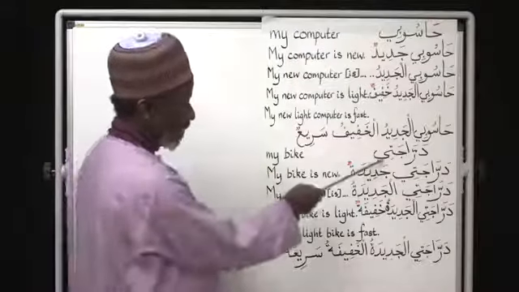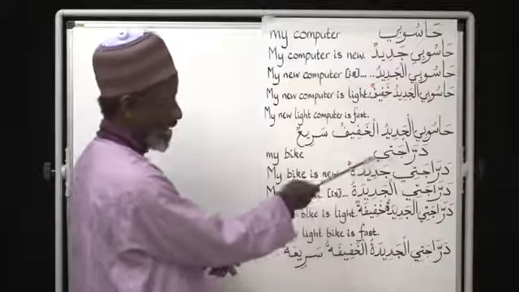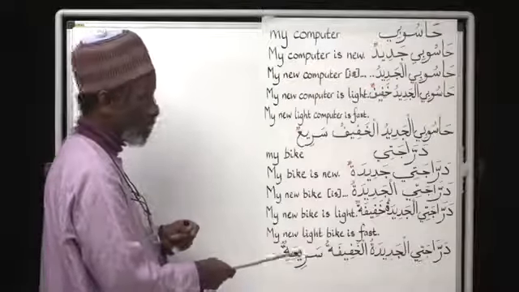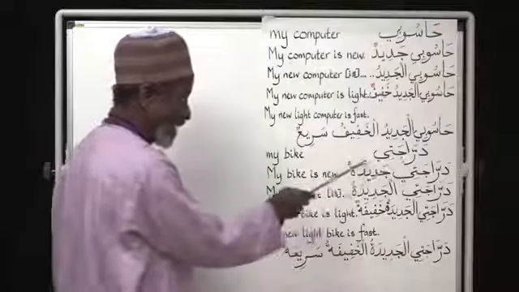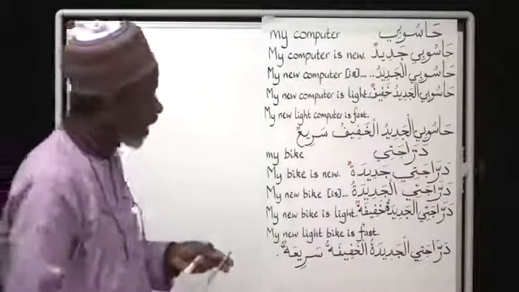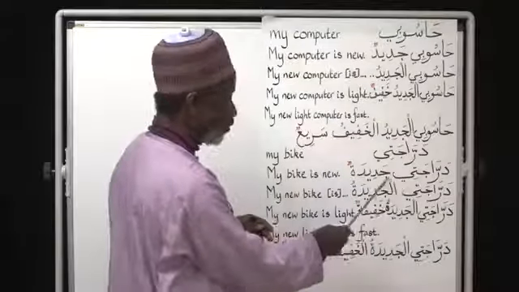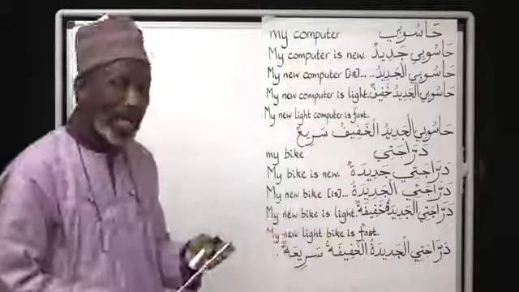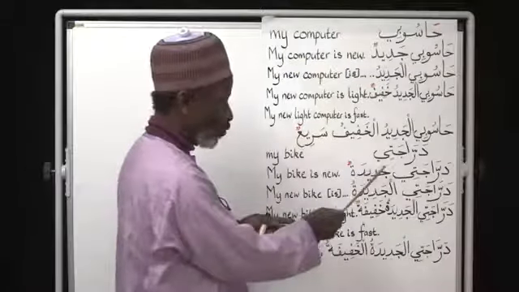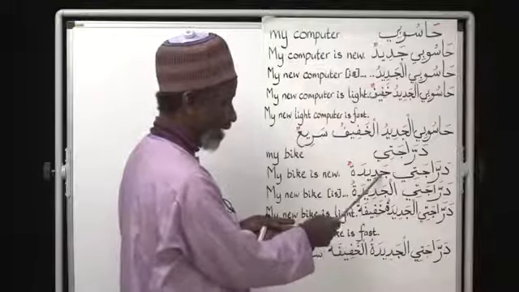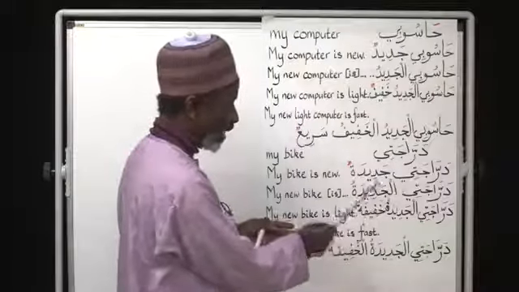Then the feminine now, darajati, my bike. Darajati jadidatun. My bike is new. We drop the al, we have is embedded, implied.